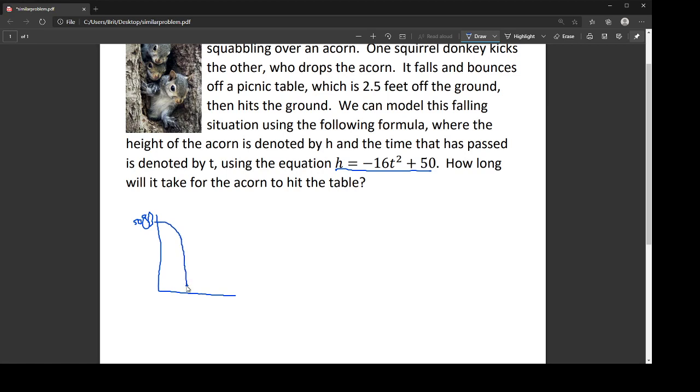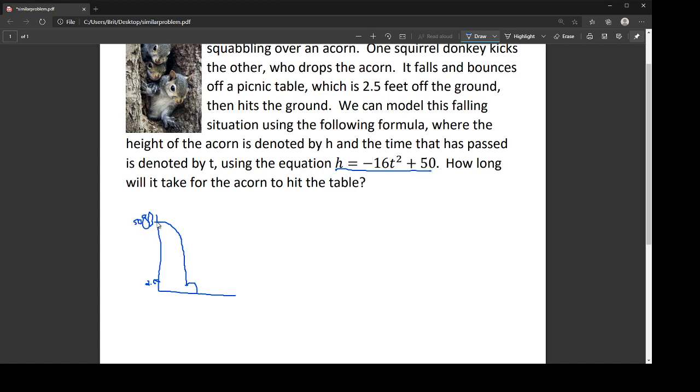And then here at about 2.5 feet, it's going to bounce off and fall to the ground. So this initial portion is modeled with a parabola. Anytime you have something falling in free space, like nothing's touching it, it'll fall like a parabola.